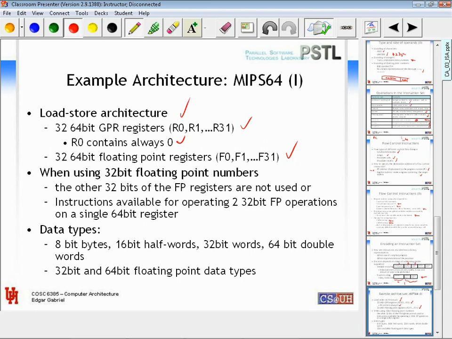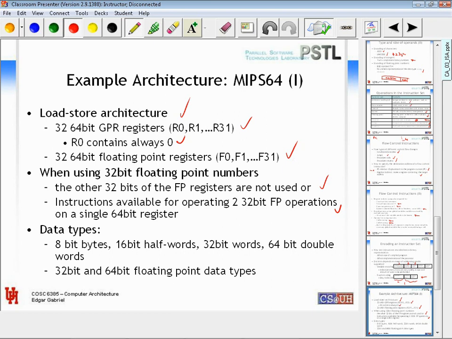The question now is, what happens if you are dealing with 32-bit floating point operations, since you have 64-bit wide floating point registers? Well, if you only have a single 32-bit floating point instruction, you are basically not using half of that register. However, the MIPS64 architecture also has specific instructions to operate two floating point operations within a single 64-bit register.